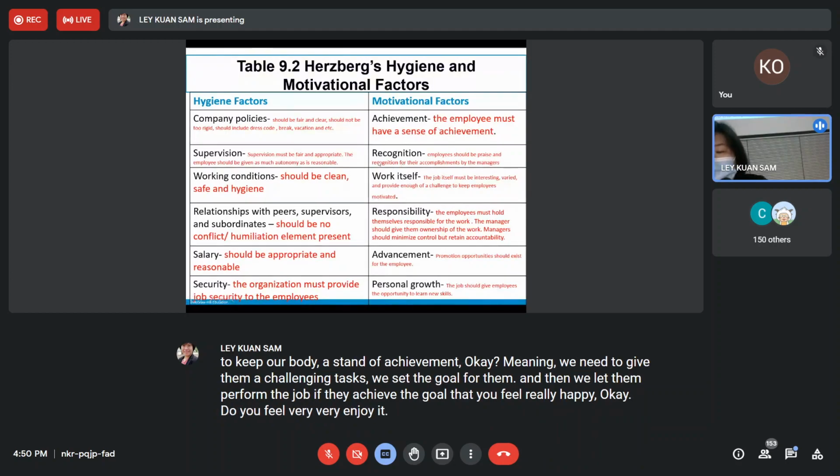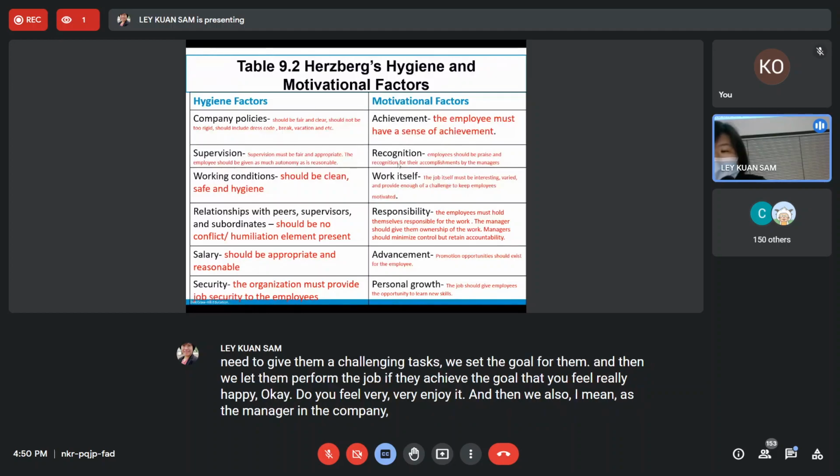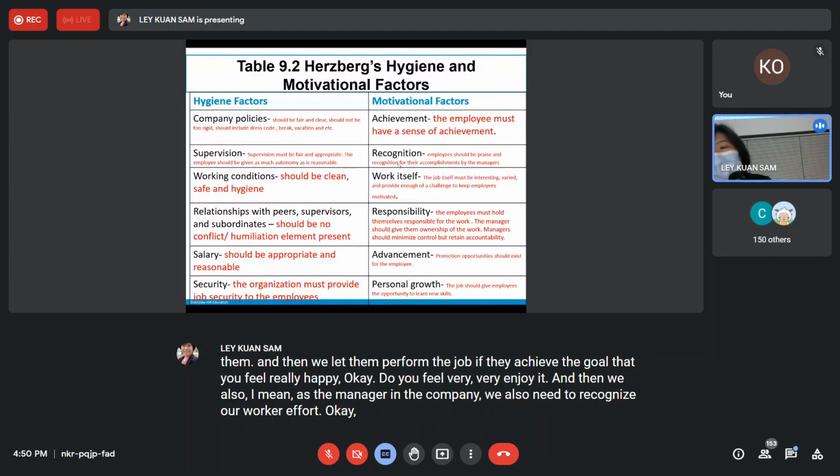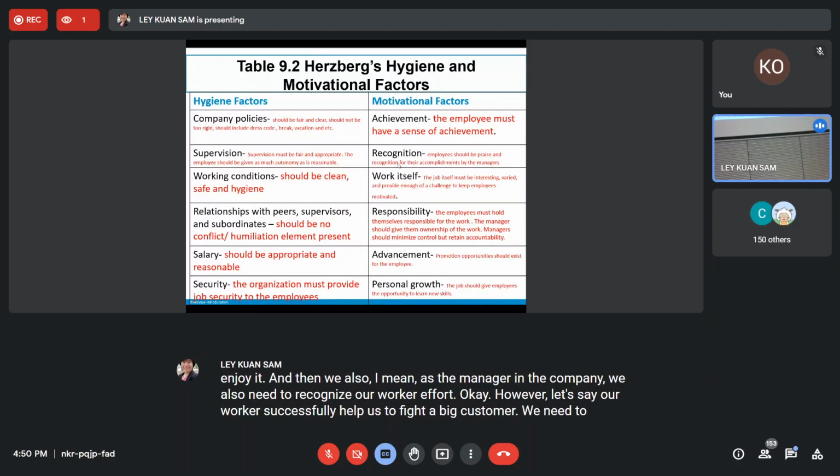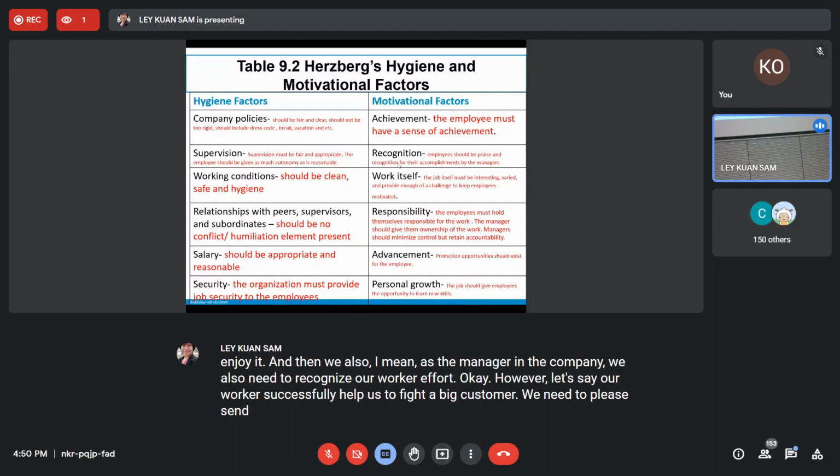As the manager in the company, we also need to recognize our workers' effort. Let's say our worker successfully helps us find a big customer. We need to place them in front of others.